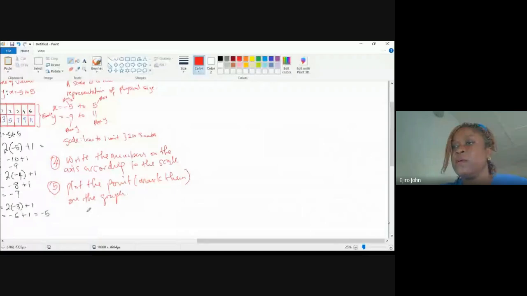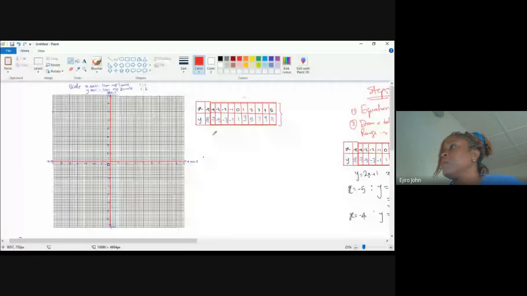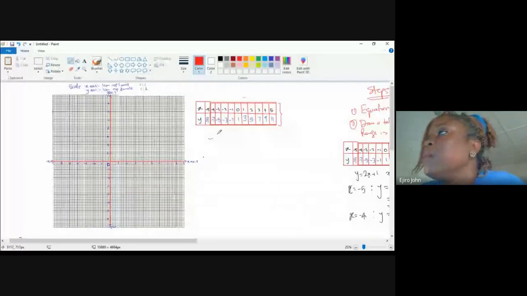We know from the table of values how we got our points. So the first point is what? -5 and -9.